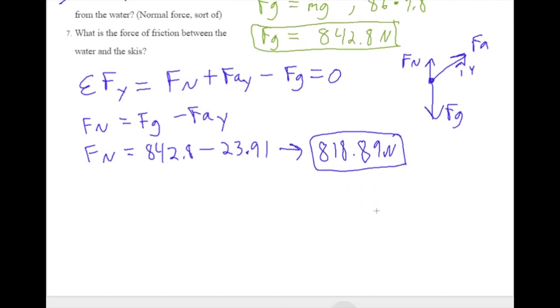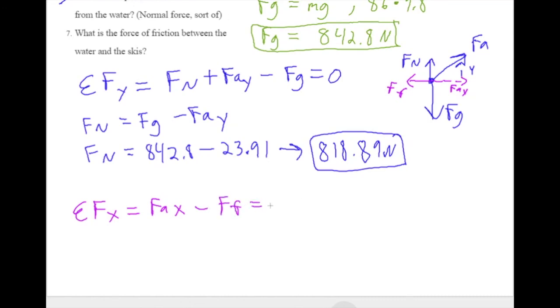All right, last question. What is the force of friction between the water and the skis? So let's go ahead and use our net force in the x direction now. And if we see here, I left it off my free body diagram for the previous problem because it wasn't important for that, but I'm going to add the force friction right now. And I see that force friction points this way, and force applied in the x is going to point in the opposite direction. Therefore, I'm going to have force applied x in the positive direction minus force friction because it points in the opposite direction.